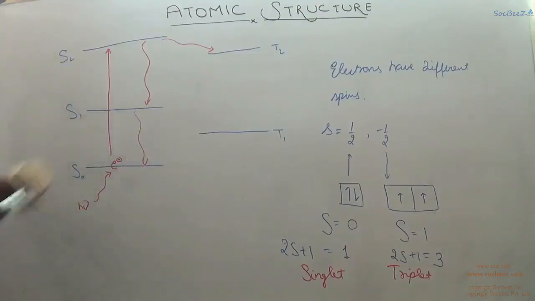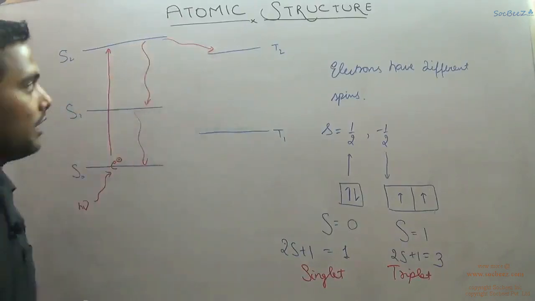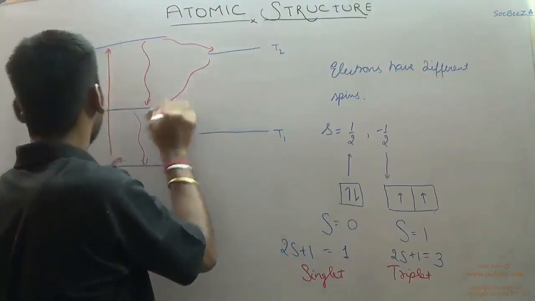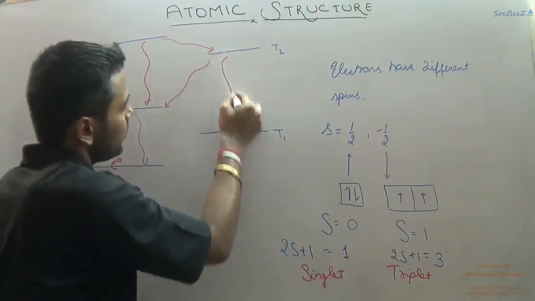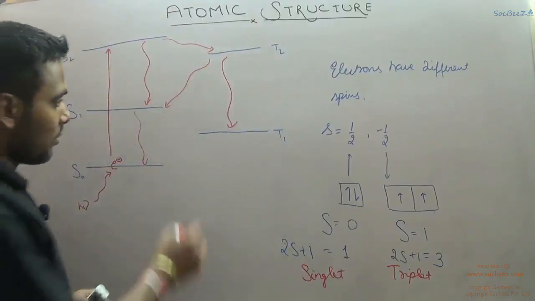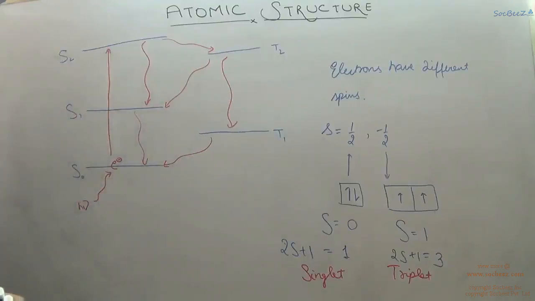Now if the electron has jumped from S2 to T2, then again it has two choices, either to go from T2 to S1 or to come from T2 to T1. Fine. Now from T1 it will come to S0.